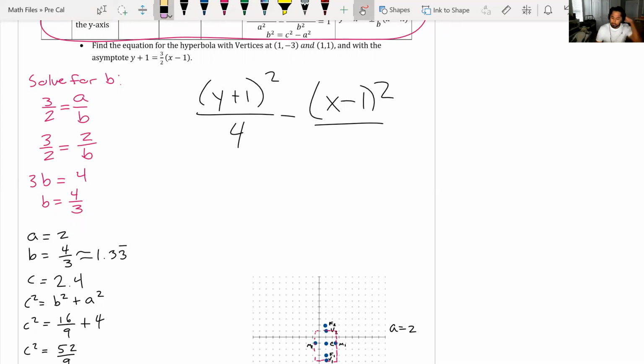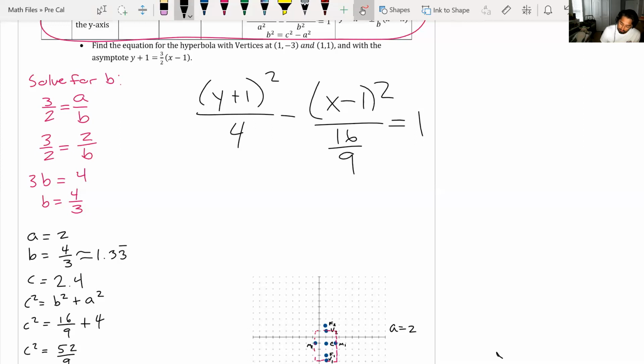X minus 1 squared over b squared, which is 16 over 9, equal to 1. Now, I don't know if it'll take this as an answer because you can reciprocate this fraction.